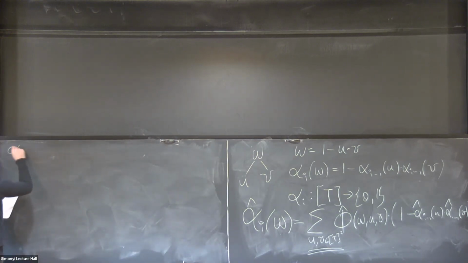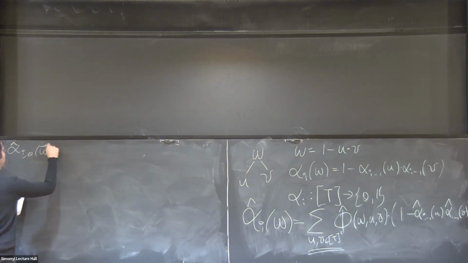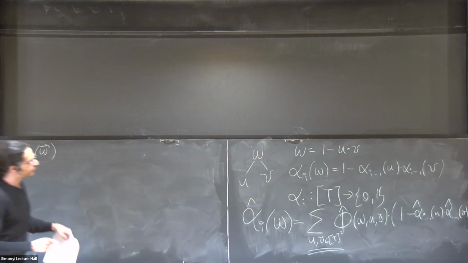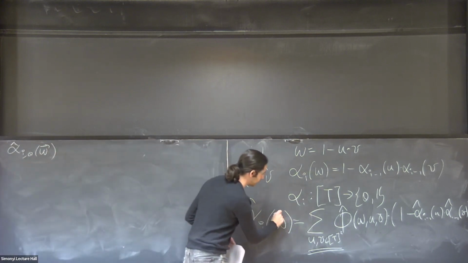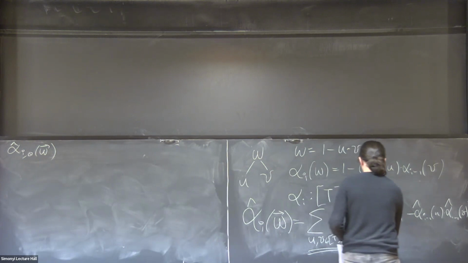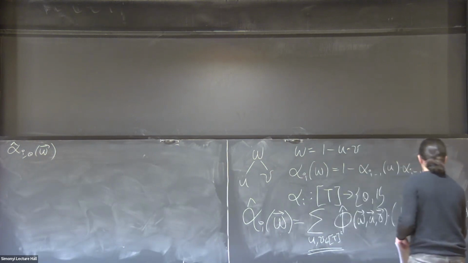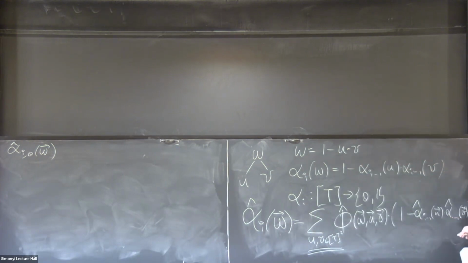So let's define them. I'm going to define alpha hat I0 of W. Now, I should have written this here too. I want to write vectors on all of this. Because these are now not just the names of gates, right? These are vectors in F to the M. They're not necessarily in H to the M, the part that is the name of gates.